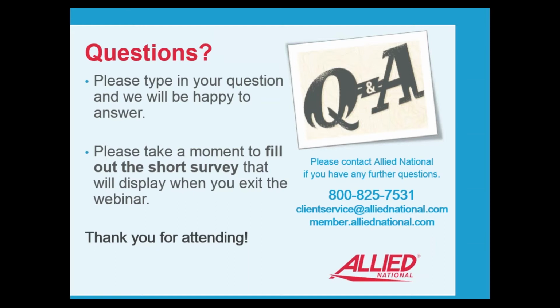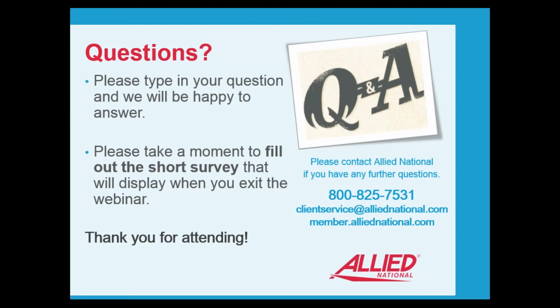We'll do this by using the question feature inside your GoToWebinar control panel that is up on your screen. You'll see a little section for questions, and you can type those questions in here. I've already received a couple of them. I think some of these came in before Catherine explained them, but I'll repeat a few of the things here. The number one question we get on our phone lines, and that was typed in just earlier, is how do I register and get onto the system?